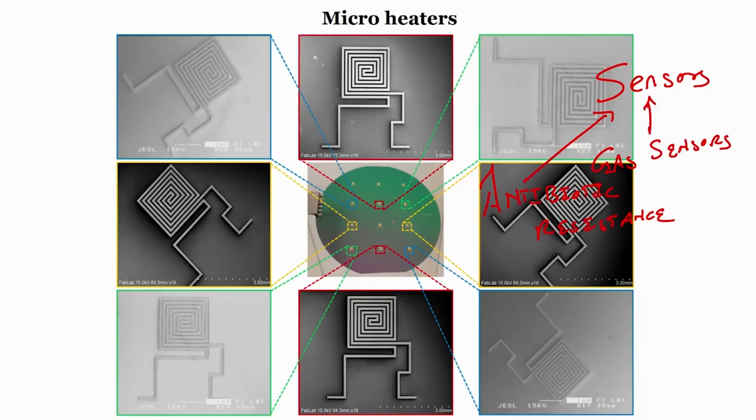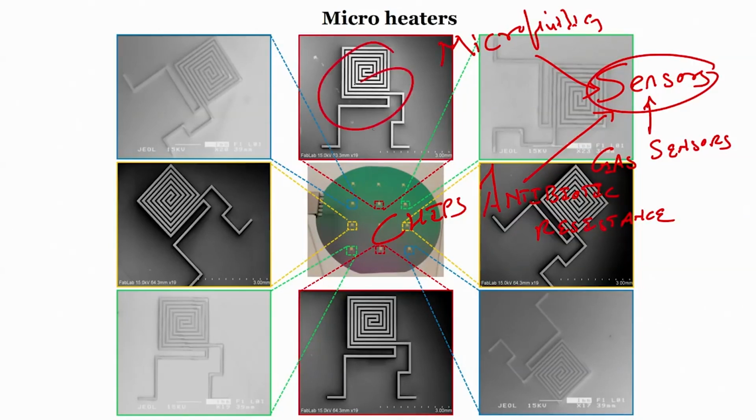These sensors are used for microfluidics. So, when the sensors consist of heaters, or heaters are used directly in microfluidics. Heaters can be used in a sensor that is used for antibiotic resistance. Heaters are used in sensors for measuring different gases or different volatile organic compounds.